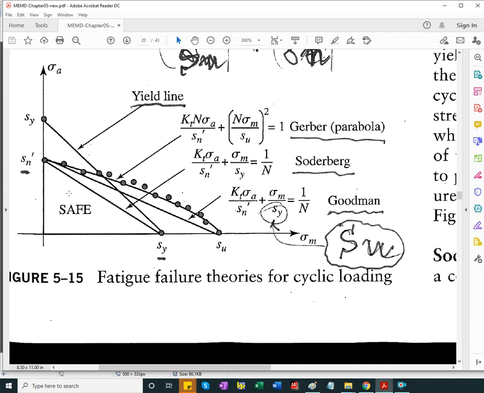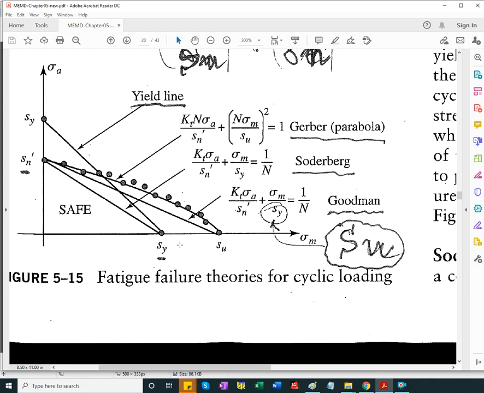Same as before, where we had the modified Moore theory for brittle material, here too we have a load point. So you calculate the mean stress, calculate the amplitude of the fluctuation, and position the point in the sigma m, sigma a plane. That will be the load point. And then you evaluate that load point with respect to some boundaries.